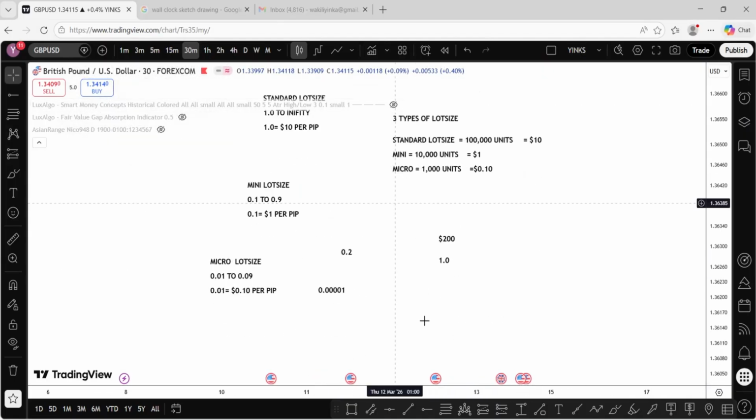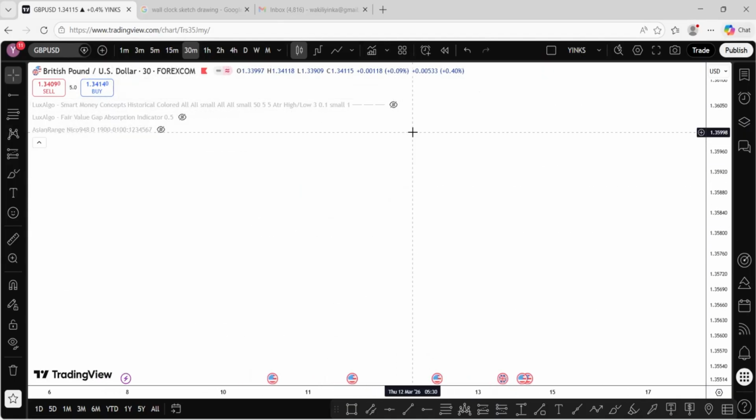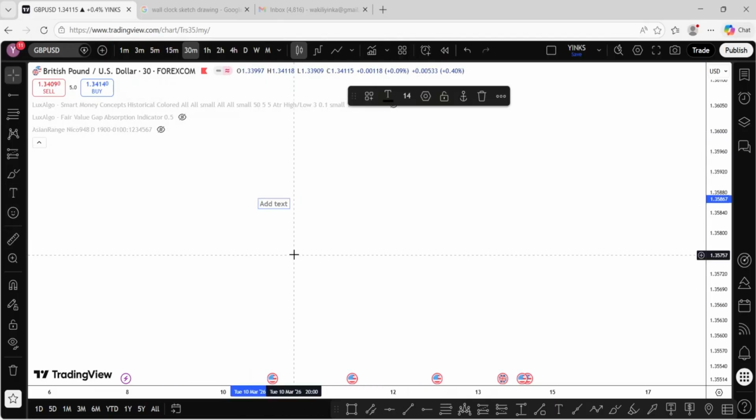Now imagine that I call a trade and I say buy Euro USD, and the entry level that I gave is 1.1 thousand.